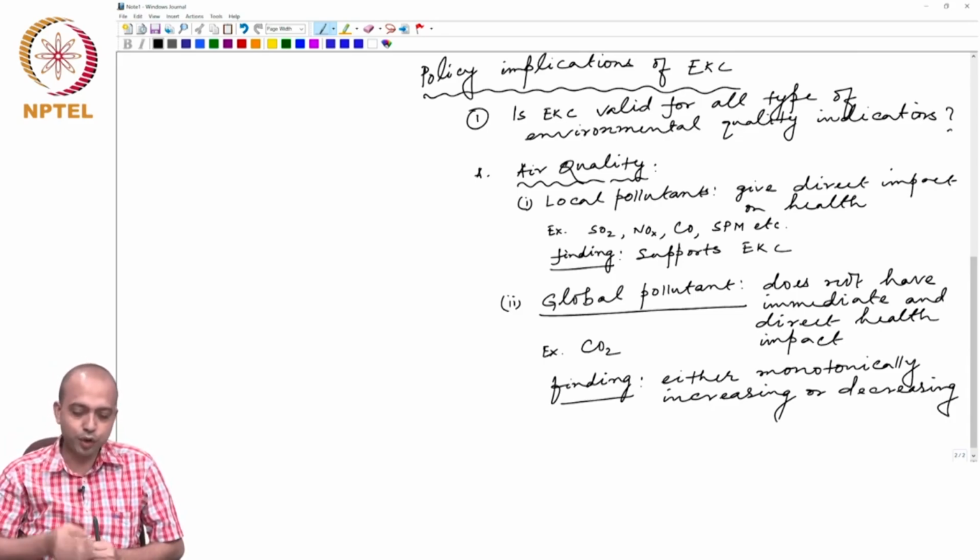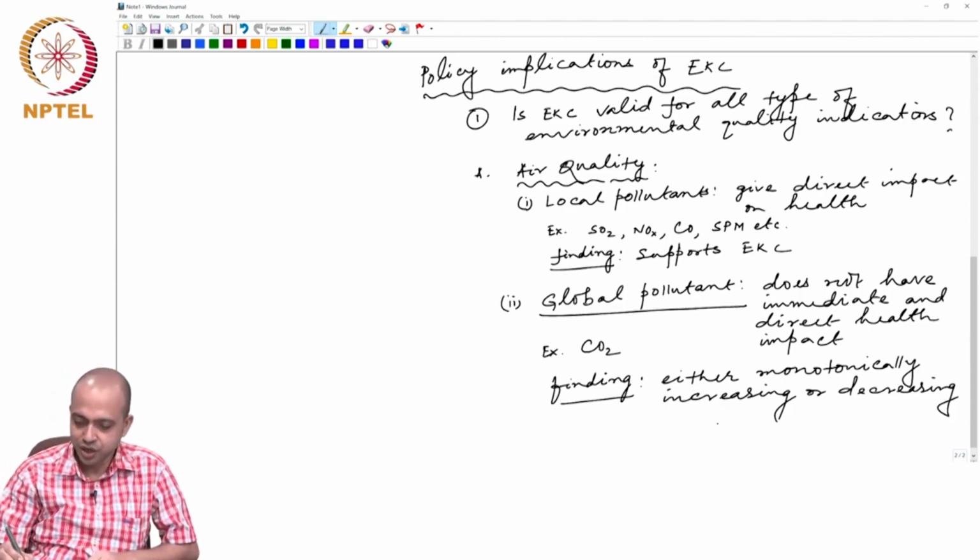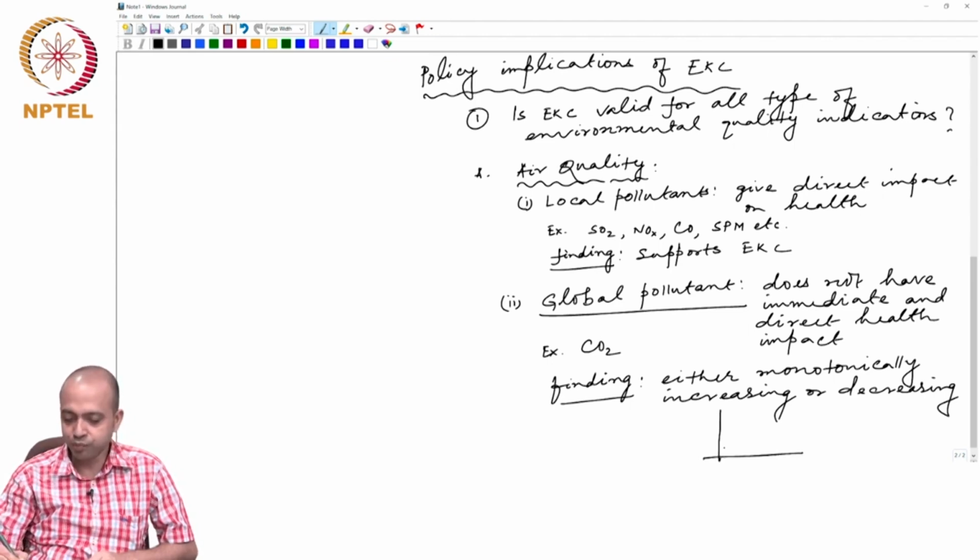But when the global pollutant, that means which does not have direct and immediate health impact, is used to measure environmental quality, then the finding is either monotonically increasing or decreasing. So, that means in the income and environmental quality plane, either it can be this or this, increasing or decreasing.